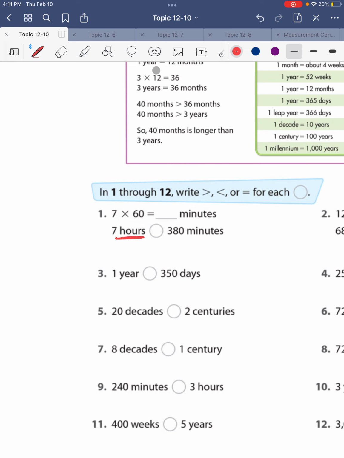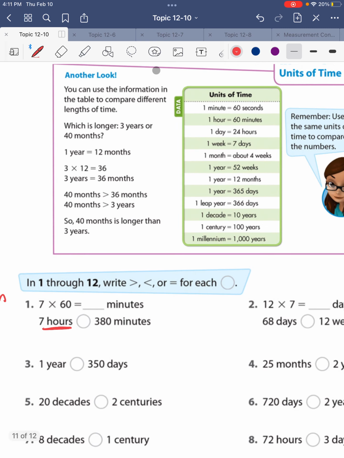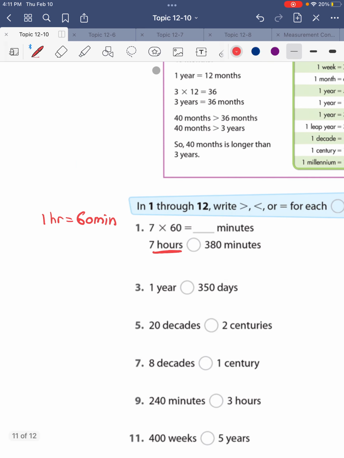I know that 1 hour equals 60 minutes, and if you don't know, it says it right here. So they took the 7 hours and they're trying to convert it to minutes.